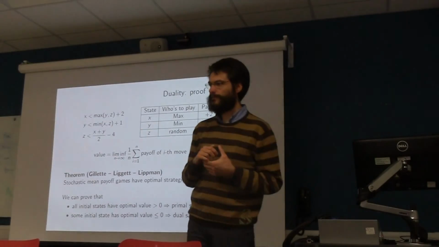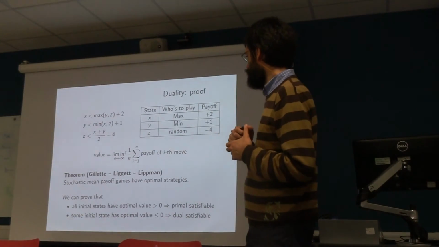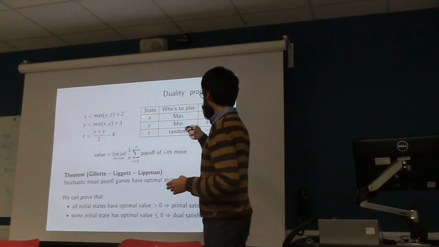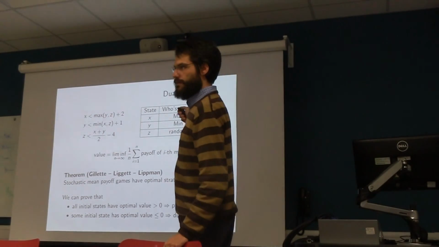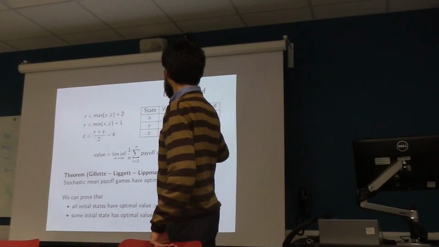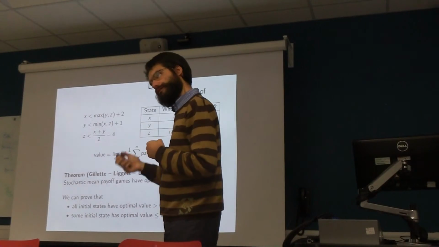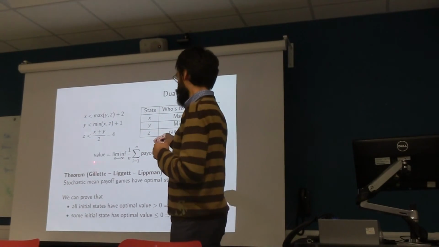So you don't see here, there must be a probability somewhere. Yes, so divide by 2. The goal of max is to maximize the expected value of the game.